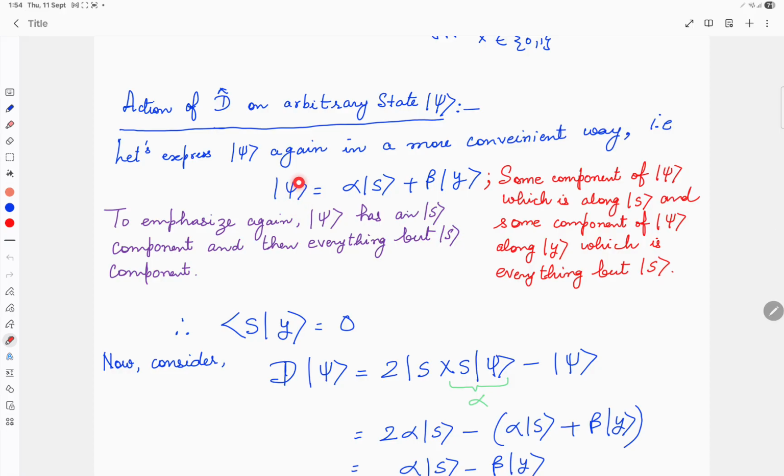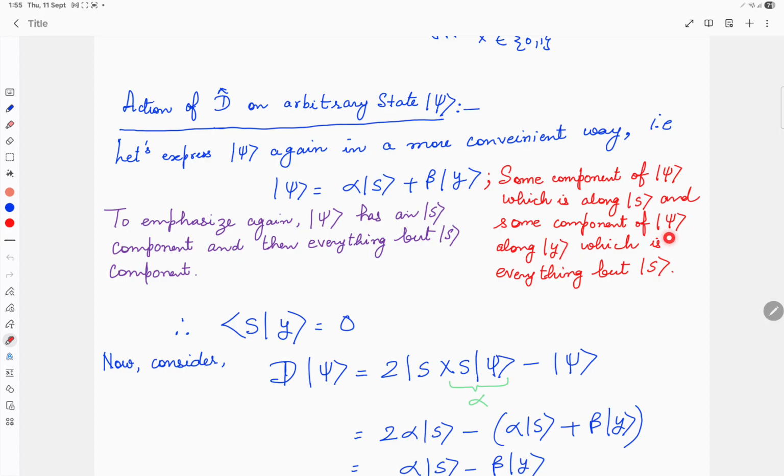Our ket psi, which is an arbitrary state, is given by alpha ket S plus beta ket y. So ket psi will have some component along ket S and some component along y.